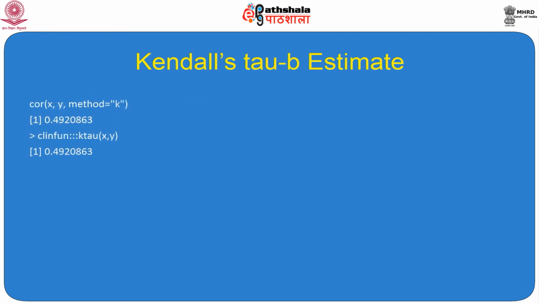If we want to use simple Pearson correlation, then if we put cor within parentheses x and y, we will get the Pearson's correlation coefficient value. But here, in this library called CleanFun, we are using cor with x and y, and after that putting method equals to k within inverted commas, and that gives us the Kendall tau beta estimate, and here we are getting the value as 0.49, so it can be stated that there is a positive correlation between x and y.